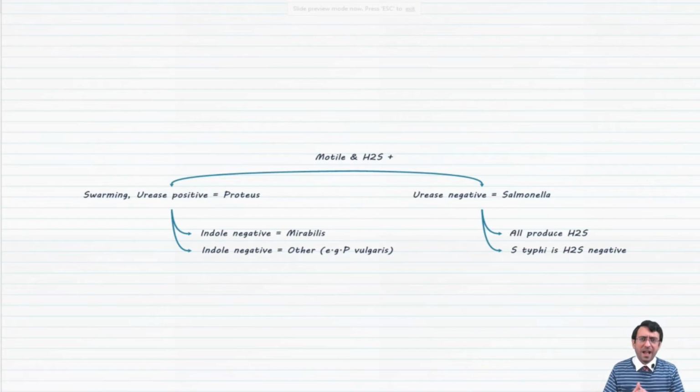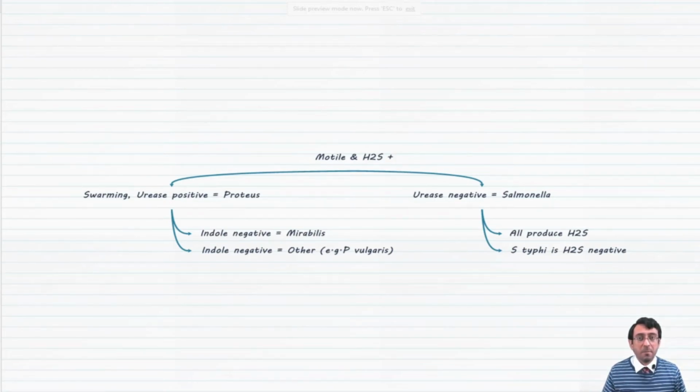Now, if you still have something left in your brain to handle this, you want to know how we distinguish Proteus from Salmonella, and even deeper, how we distinguish different Proteus species from one another and different Salmonella species from one another, based on just this lab algorithm, not talking too much clinically.